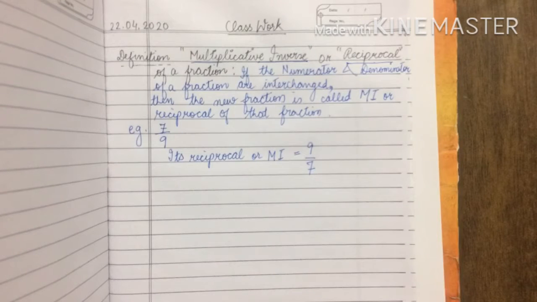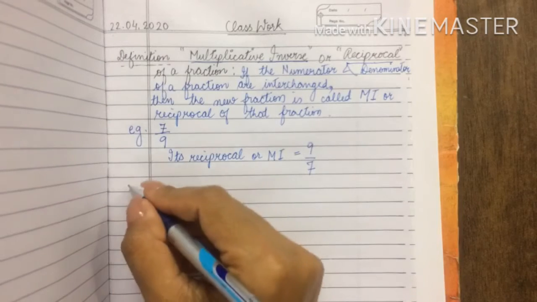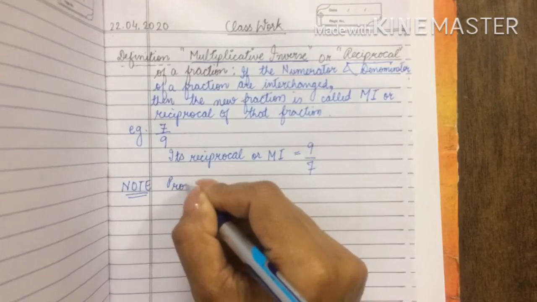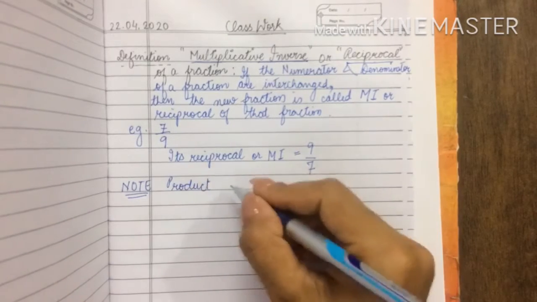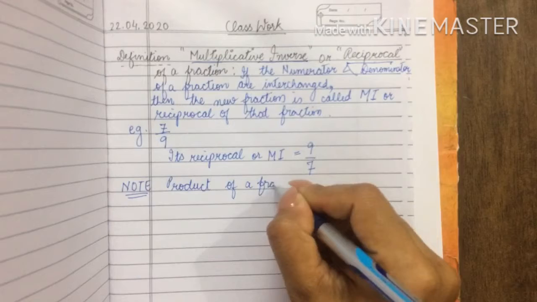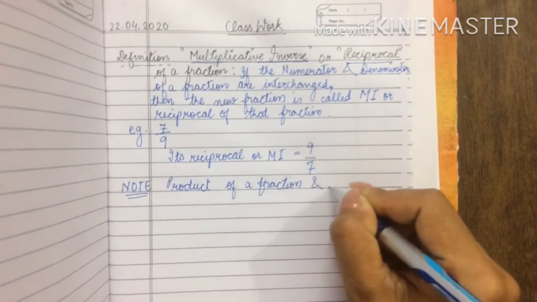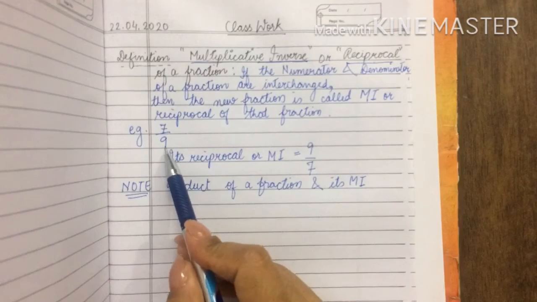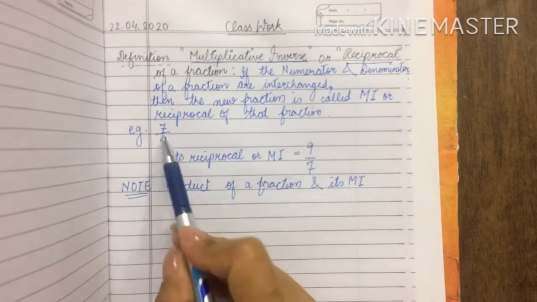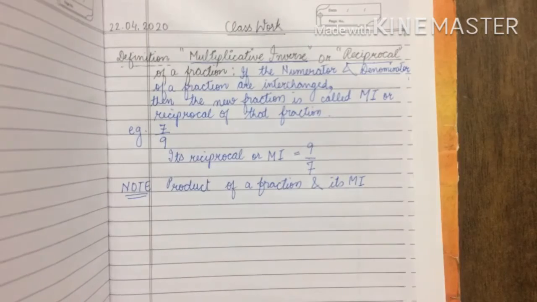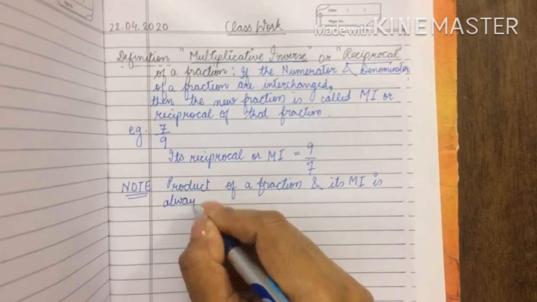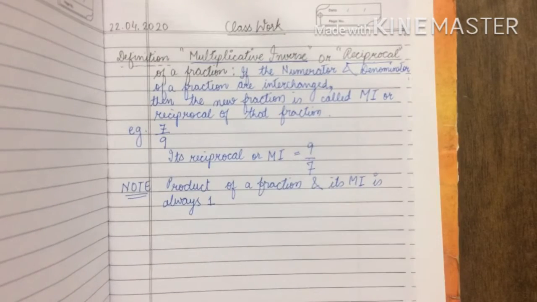Now if you observe, there is something special about the multiplicative inverse, and what's that? The product, meaning when you multiply, of a fraction and its multiplicative inverse is always 1.